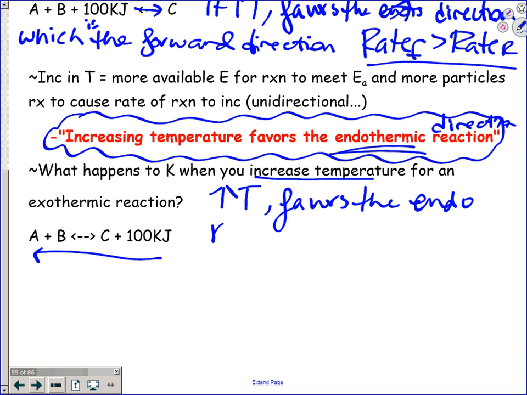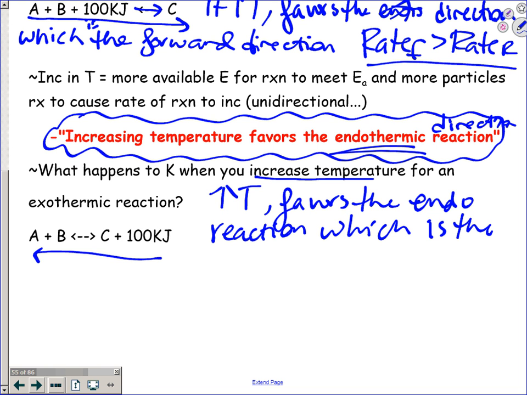It's C plus energy yields A plus B. That's the endothermic reaction, where up here, the endothermic reaction was A plus B plus energy yields C. So we can still utilize that same phrase, which makes it nice. So increasing temperature favors the endo reaction, which is the reverse reaction. There you go. That's what you want to say.